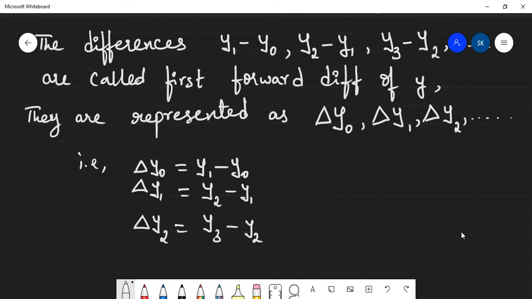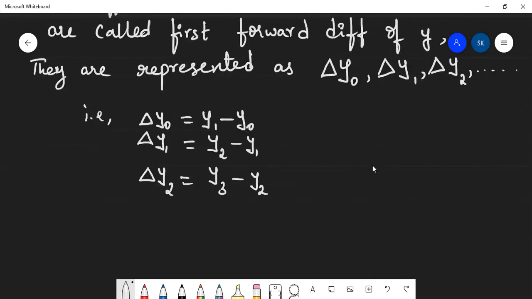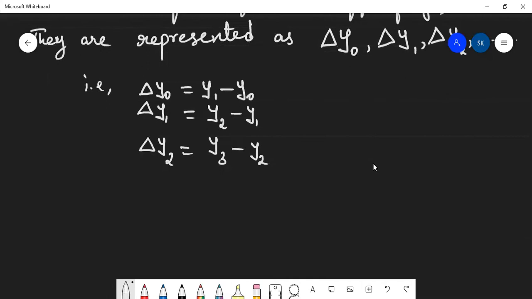So on, if I write the general term for r, forward delta yr will be yr plus 1 minus yr. This is the general form and it keeps going till yn.